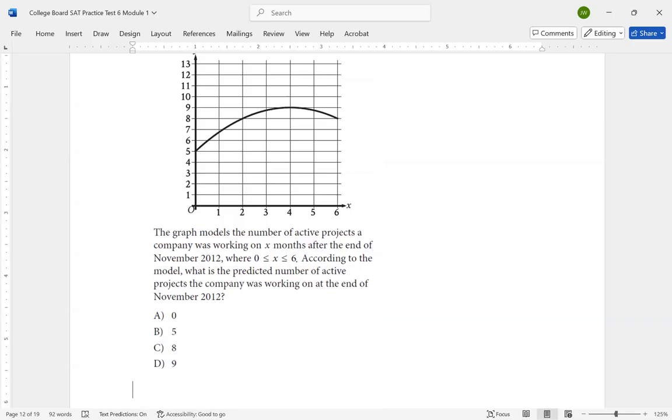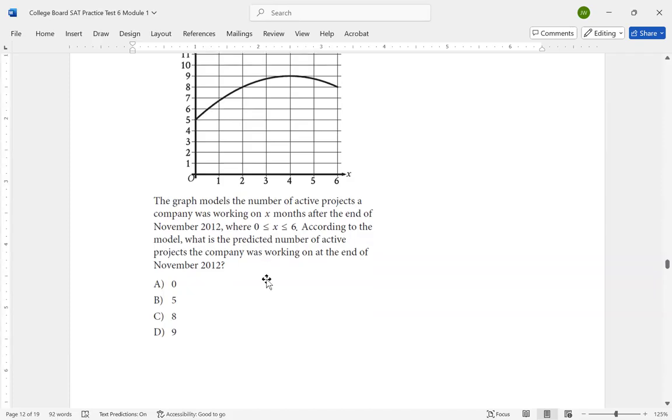So remember, this X is standing for months after the end of November 2012. So if we're looking at the end of November 2012, that's an X value of 0.